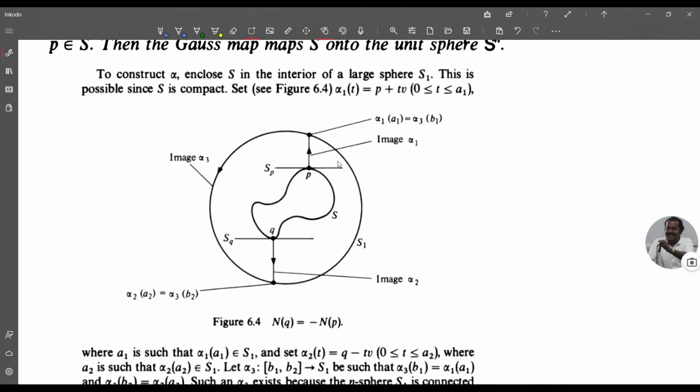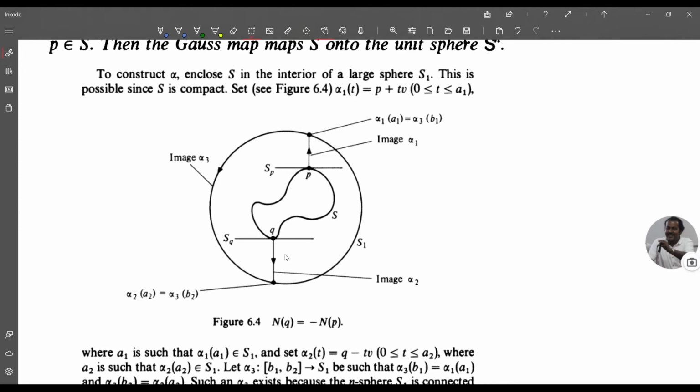You know that the vector v is in this direction at the point p, and alpha 1 of t is defined as p plus tv, a line which is parallel to v. So this is the image of alpha 1. You define alpha 1 such that alpha 1 of a1 belongs to s1, so the image of the endpoint belongs to s1. So this is s1, and this is the image of alpha 1.